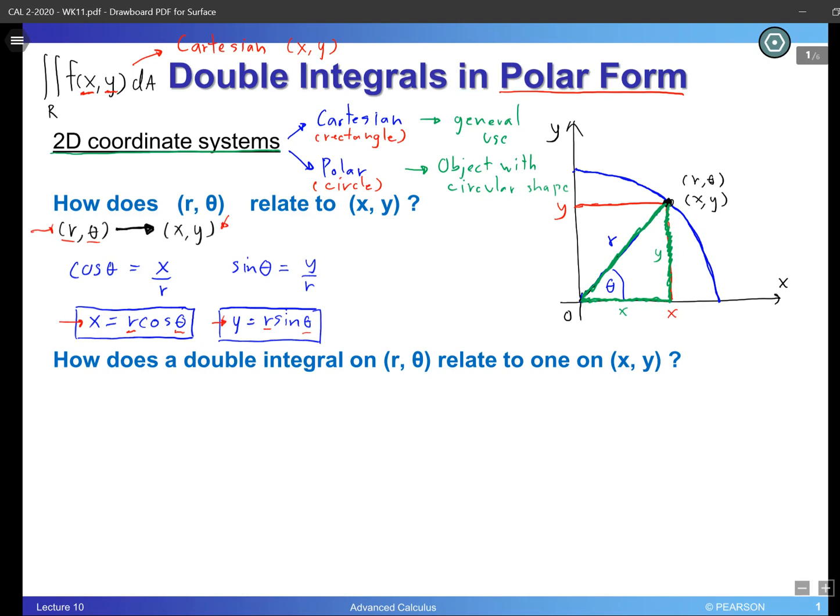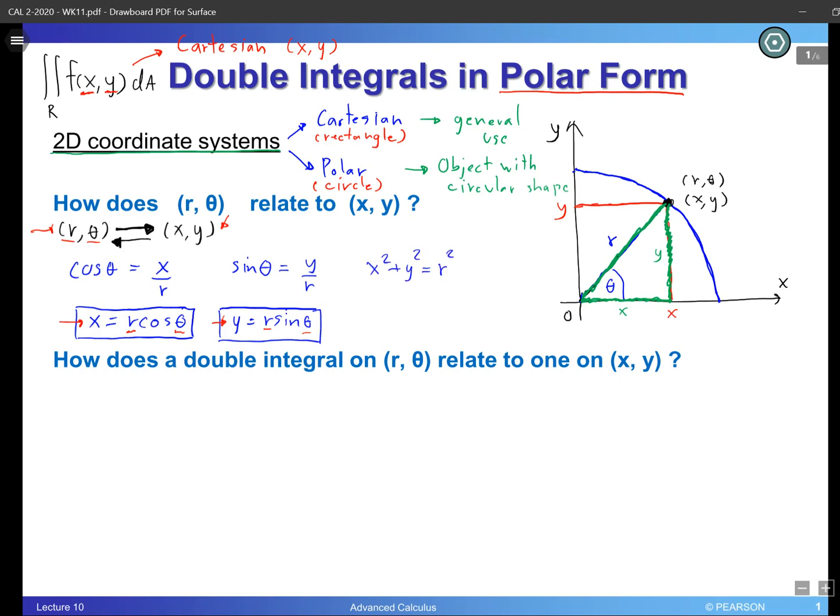The question is, can we do the opposite? Can we go back from x and y to r and theta? So let's try to make this happen again. To go back from x y to r theta, I am going to use something different. Here I'm going to use Pythagoras. So let's take a look at this same triangle again. I have this relationship, x squared plus y squared equals r squared, right?